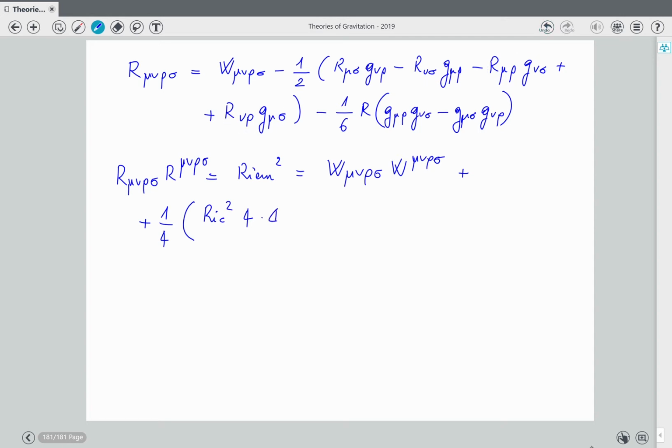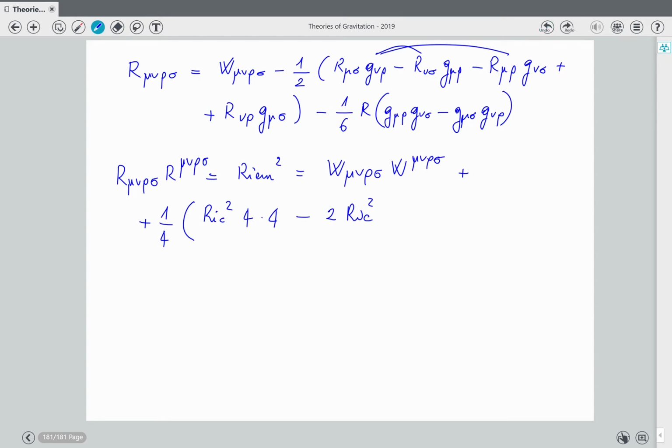So now we are squaring this bracket. And first we square each term, and then we do the double products. For example, this times this, that's minus 2 R mu sigma g nu rho R nu sigma g mu rho. That's Ricci squared again. These two again. So why 2 here? Sorry.